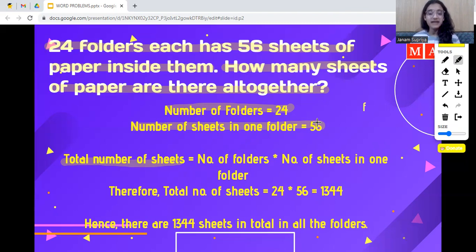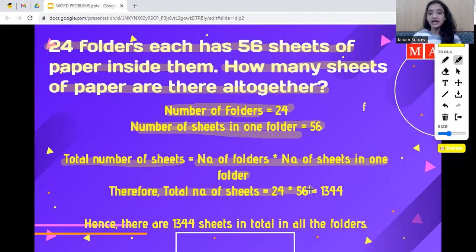But instead of adding 56 24 times, we will just multiply 56 with 24, which means multiplying the number of folders with the number of sheets in one folder. So that's what we have done here: number of folders into number of sheets in one folder. So total number of sheets is equal to 24 into 56.